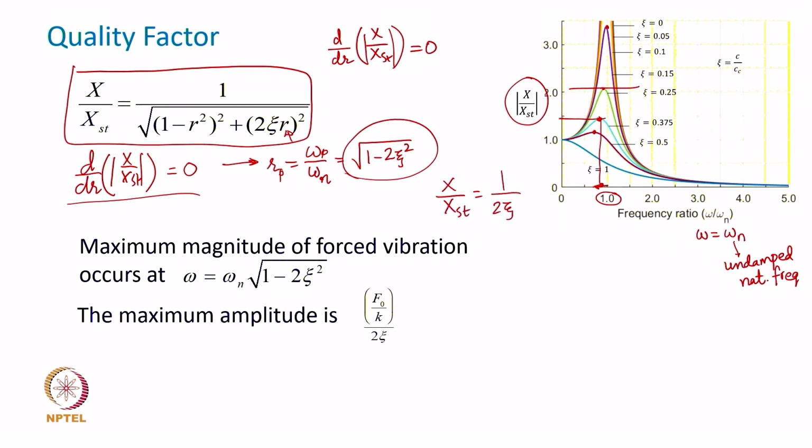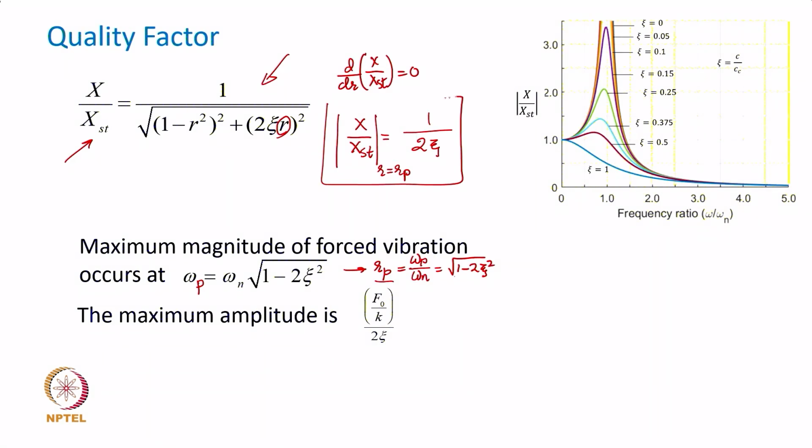Okay. So, this is the frequency at which you get the peak value. So, omega p is equal to omega n square root of 1 minus 2 zeta square, and when you replace r with omega p over omega n, you will get x over xst equal to 1 by 2 zeta. It is a very simple straightforward exercise for you to get that relationship.